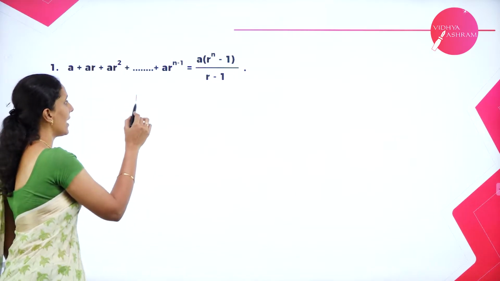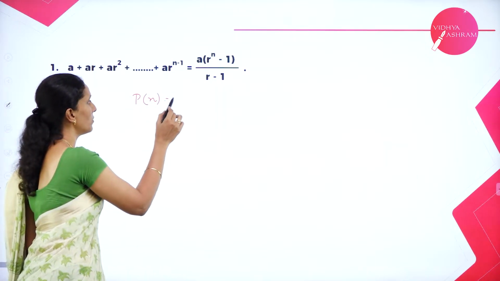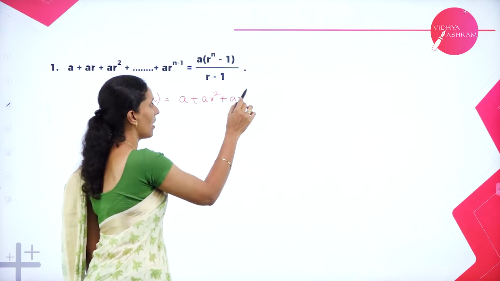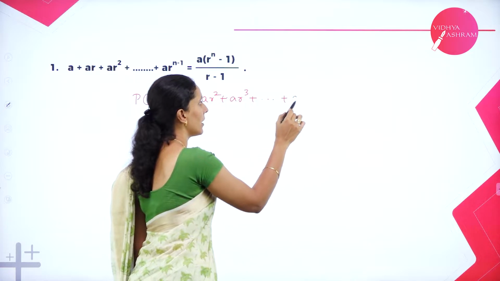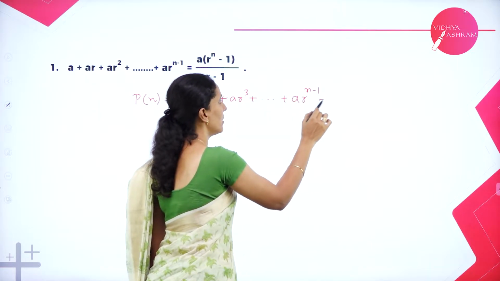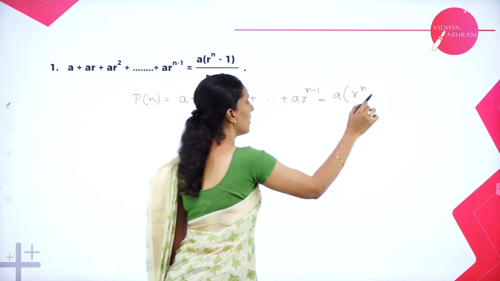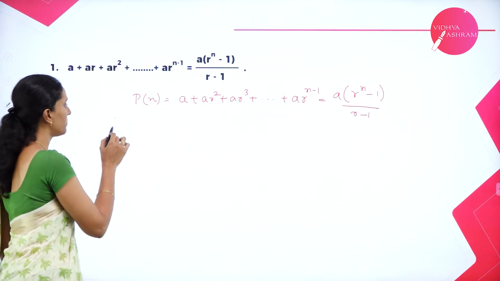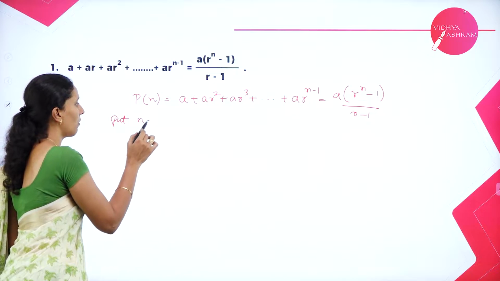So let's take p of n is equal to a plus ar plus ar square plus etc. ar to the power n minus 1, equal to a into (r^n minus 1) divided by (r minus 1). So let's put n is equal to 1.